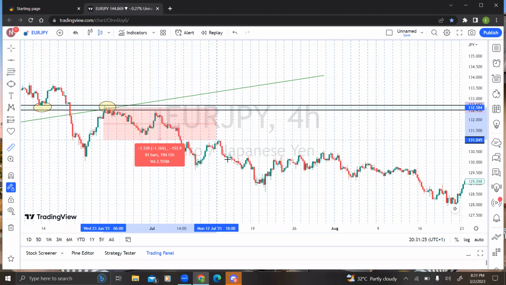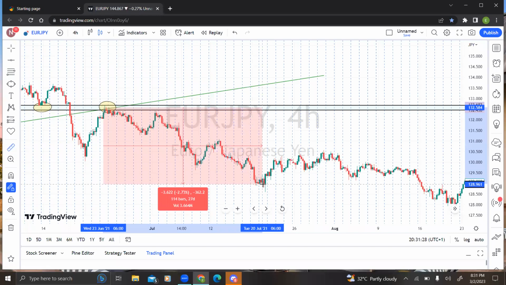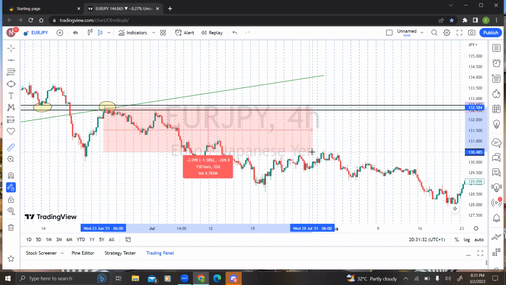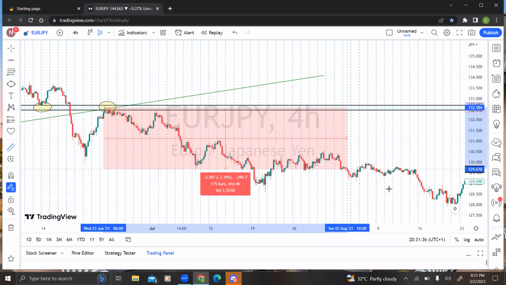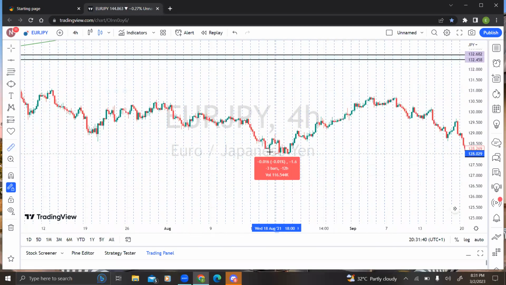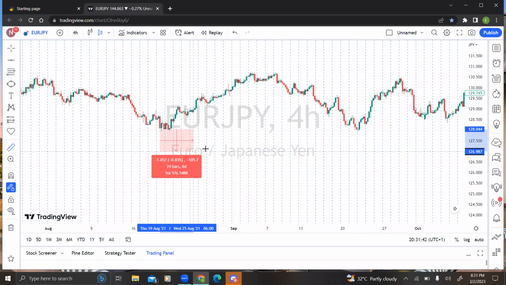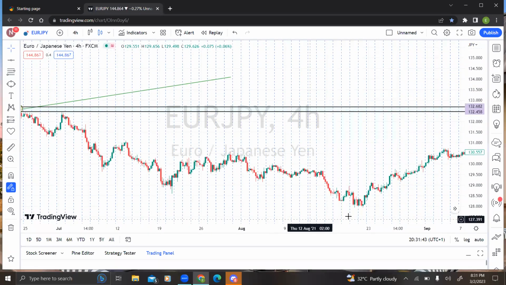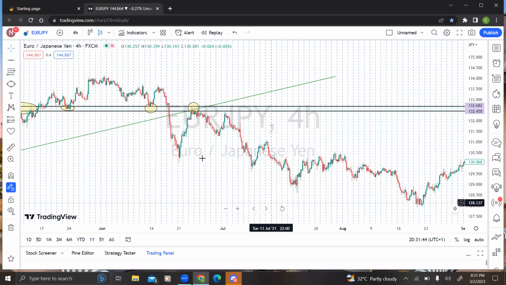Moved up a bit. The third move it made was about 362 pips. Moved up a bit to fulfill 50% fib levels. Came down again, 457. Do you all see this? Those values are big because this is the 4 hours time frame.